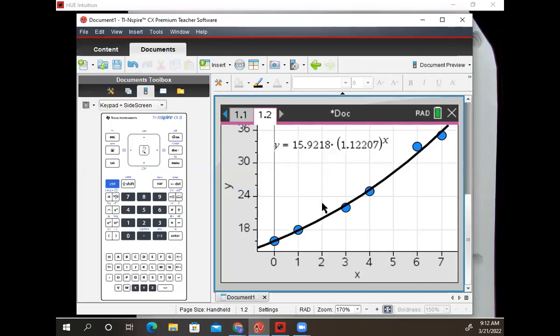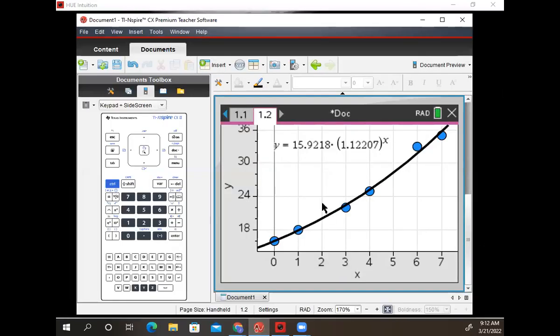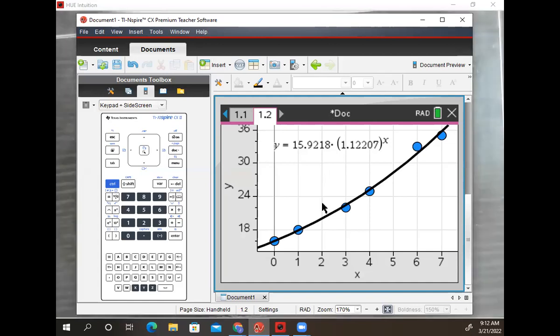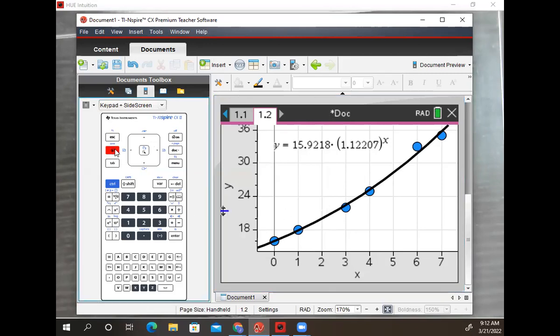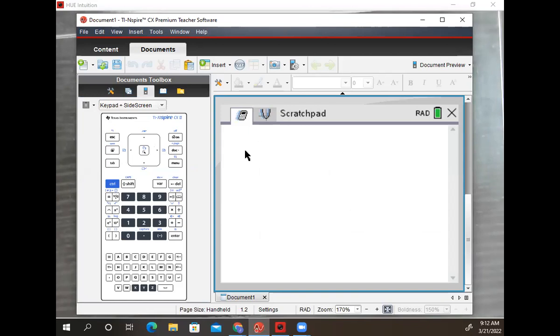I'm going to pull my calculator back up here, and then I'm going to go to a calculator page to plug in that X value, or I could probably just pull up the scratchpad, that'd be fine. So I'm going to use that model that we wrote down, so 15.92.